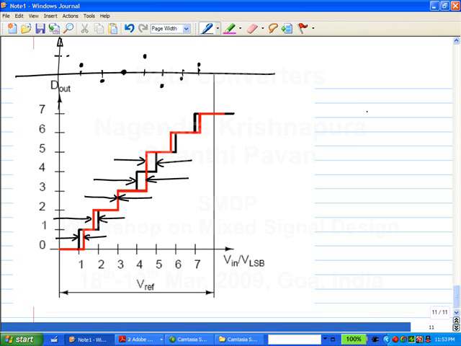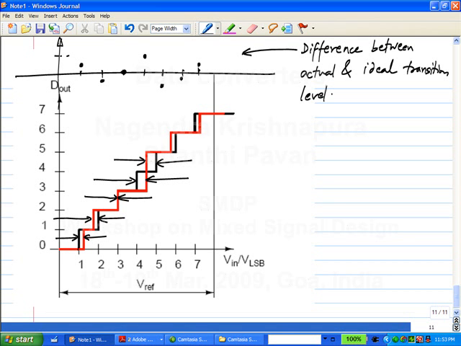So this is the difference between actual and ideal transition levels.